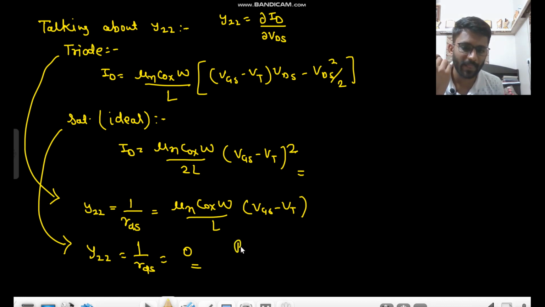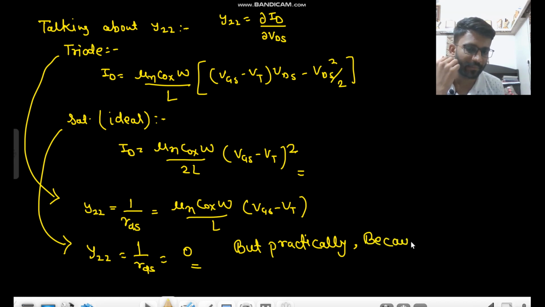But practically, we have seen the derivation, so no need to derive it. Practically, because of channel length modulation, in saturation region, 1 upon RDS is equal to what?